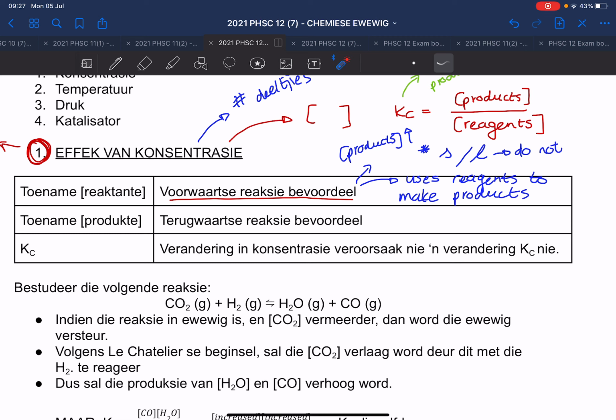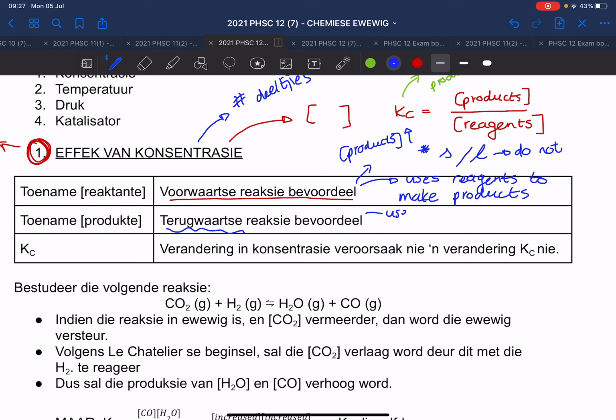Wat gaan die reaksie terug doen? What will the reaction do back? It will make more reagents. So die terugwaartse reaksie word bevoordeel. Okay? Ek wil sien hoe in die eksamen gaan julle so. Nee, you must do that. Goed, so hier word die terugwaartse reaksie bevoordeel. The reverse reaction is favored. Why?